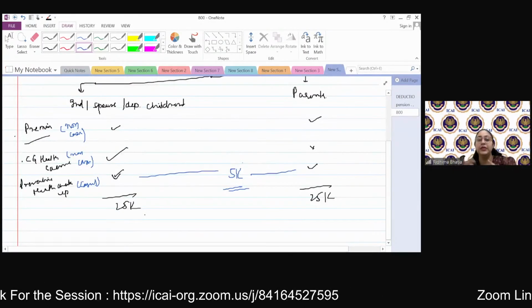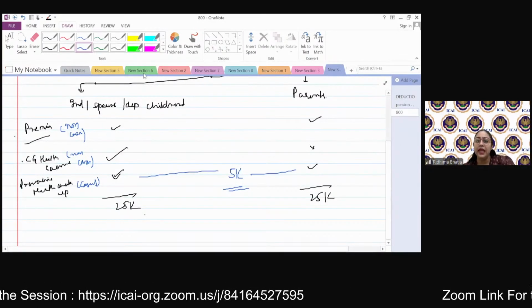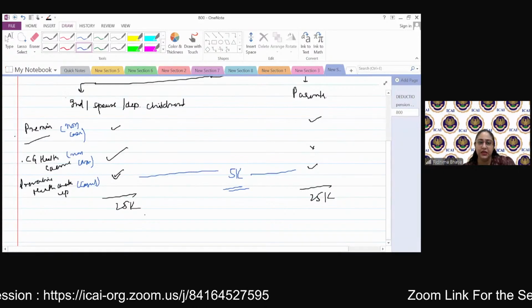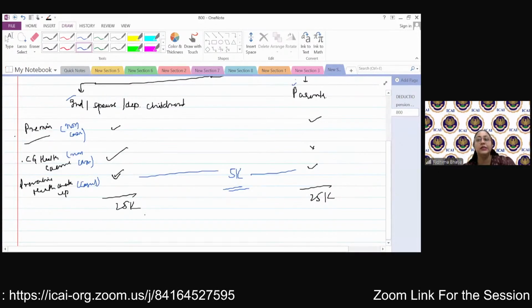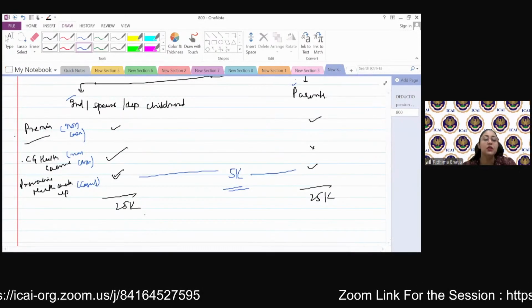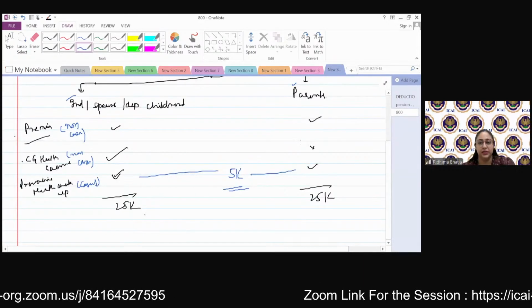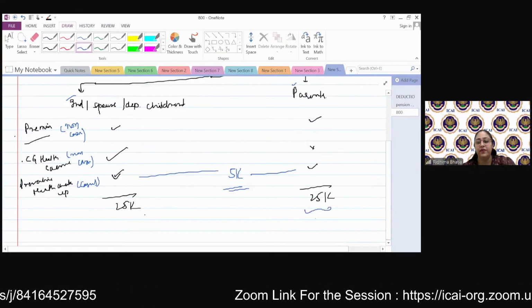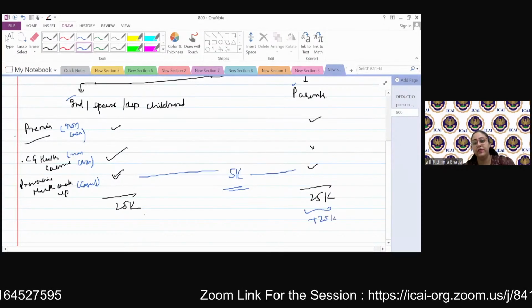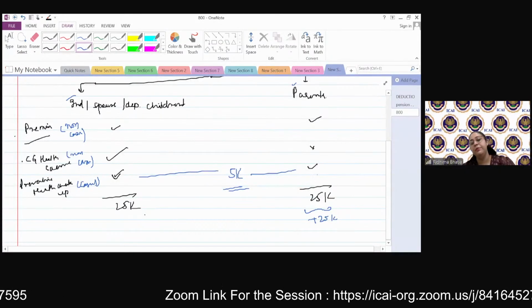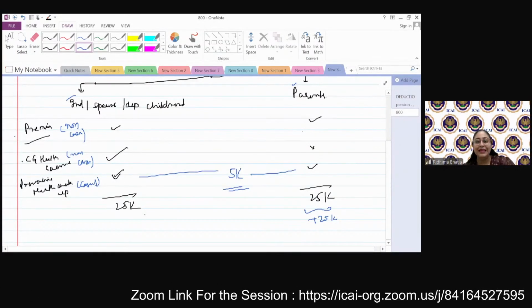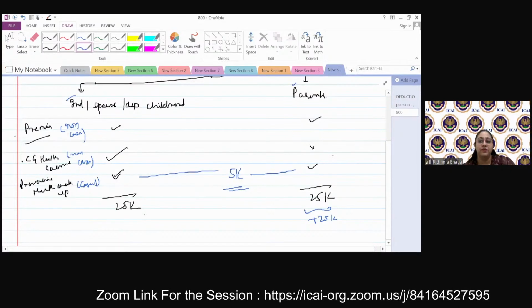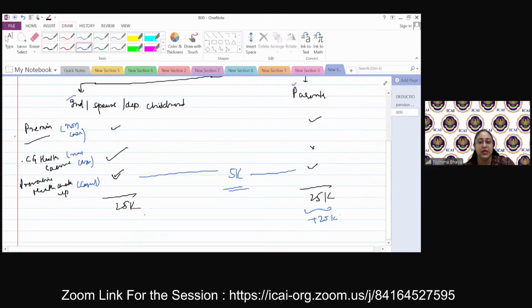Third thing now is, if any person in either this category or this category is a senior citizen, resident senior citizen, that is 60 years or plus, this limit of 25 gets increased by another 25. Now, suppose I am paying premium for my parents, and one of my parents is 60 plus.